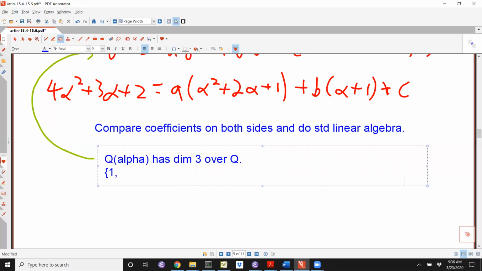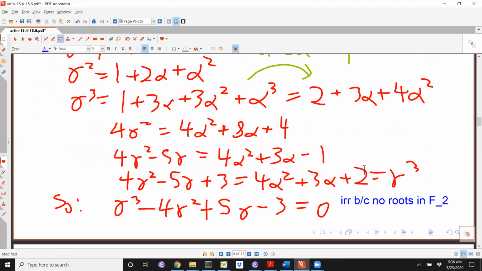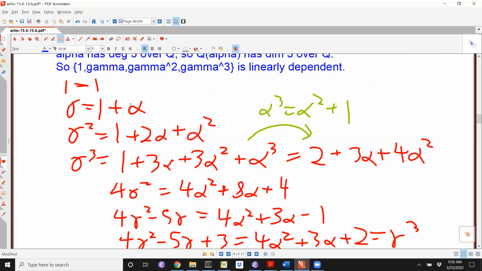We know that 1, gamma, and gamma squared are linearly independent because each degree of alpha shows up for the first time in each new power of gamma.